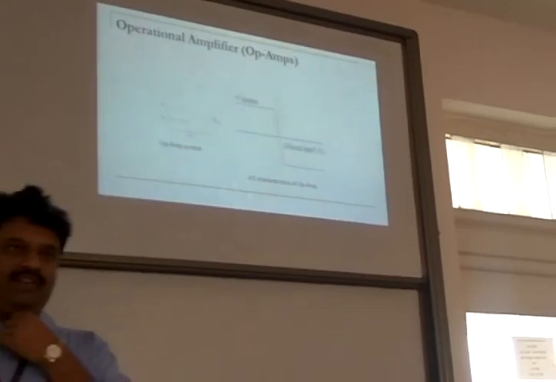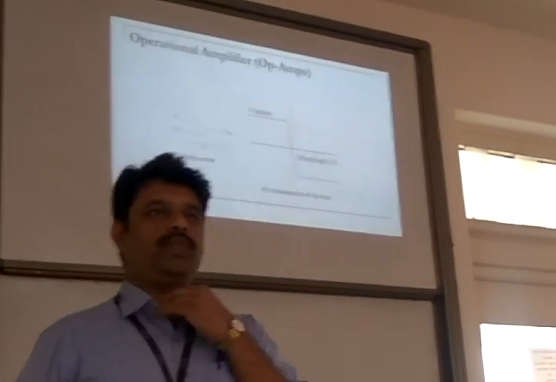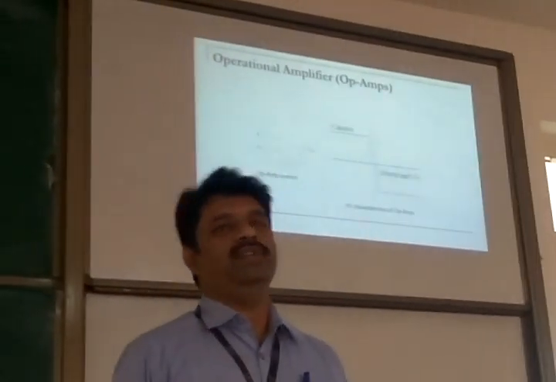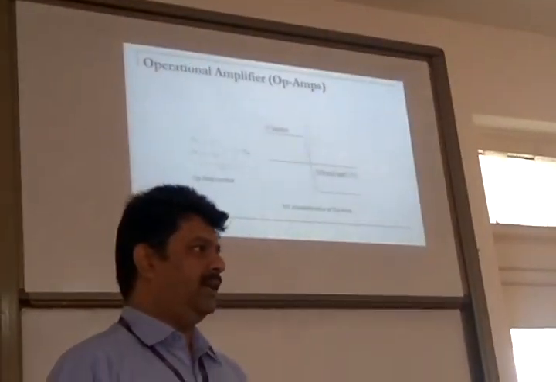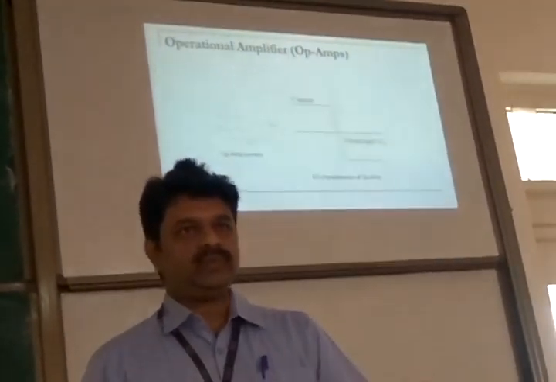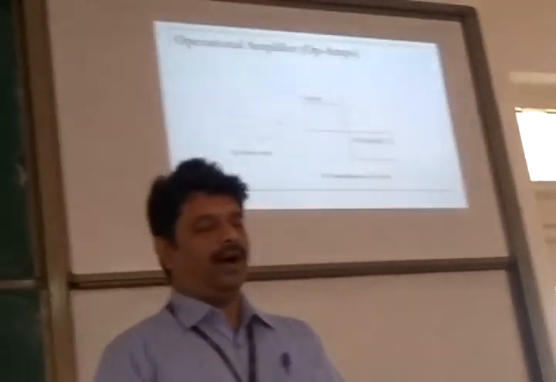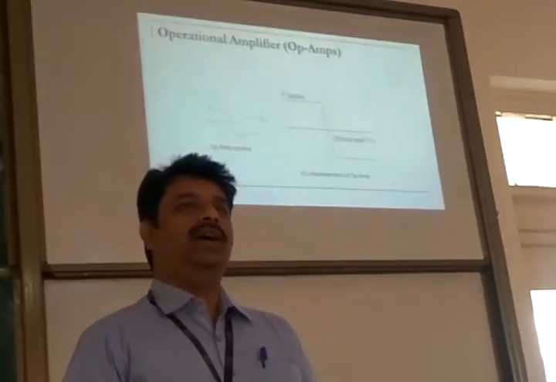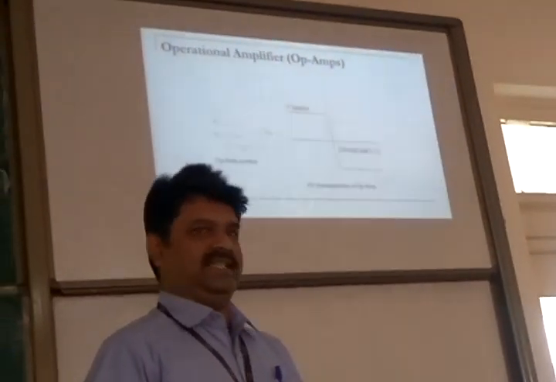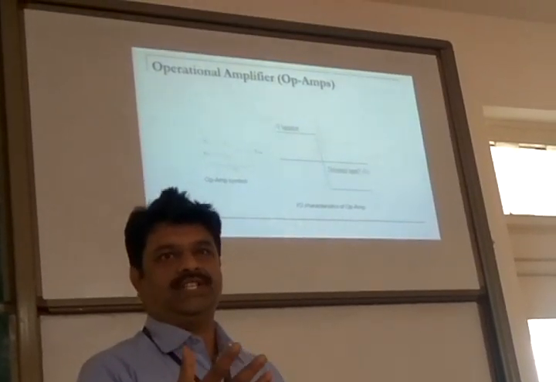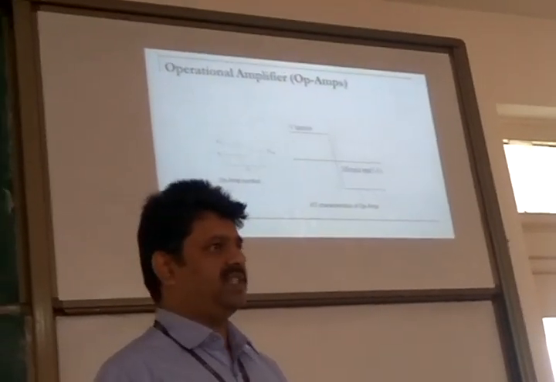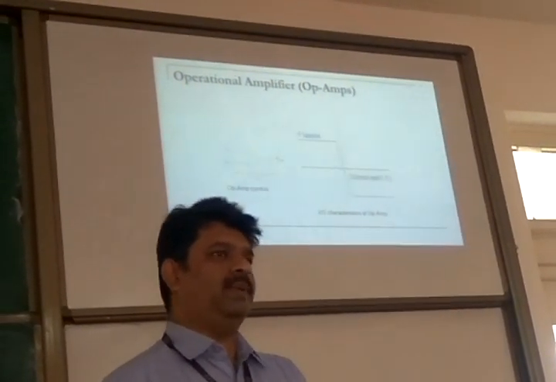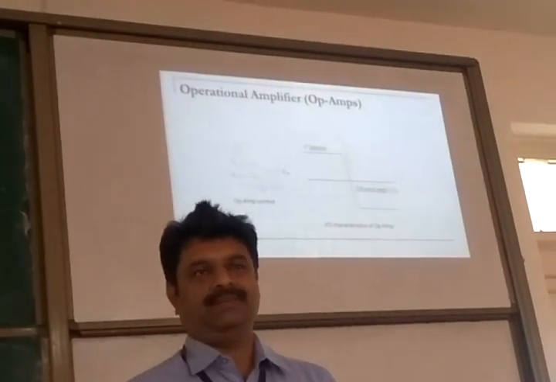For operational amplifier working, you need to give a positive VCC and a negative VCC. Whereas in a transistor-based amplifier, we have given only a positive VCC, right? The source voltage for the operation of the circuit is only VCC, that means 9 volts, 12 volts, whatever it is.